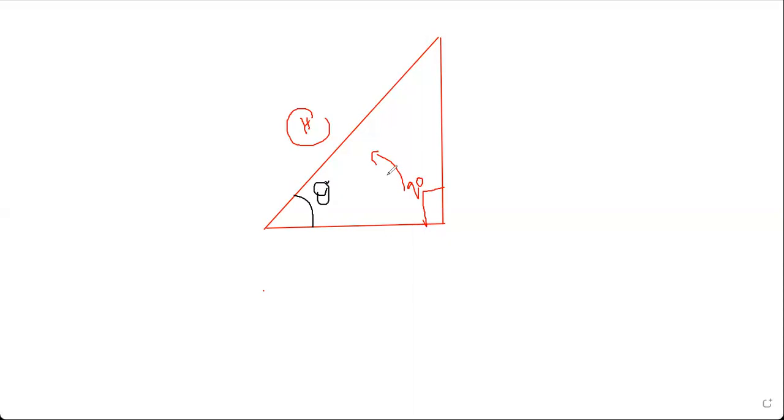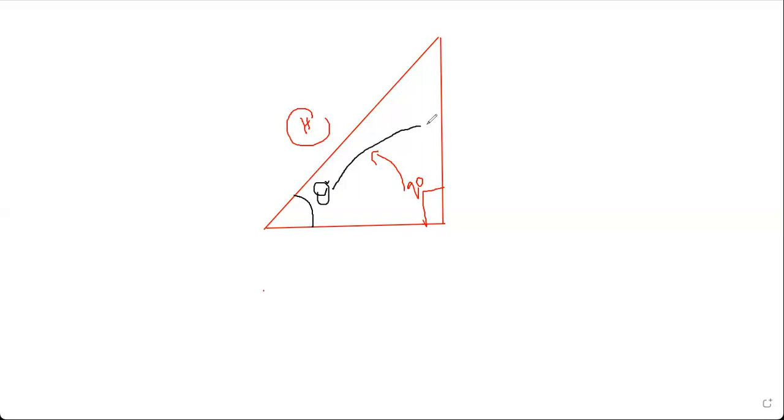Definitely, there will not be any other 90-degree angle in the triangle, because the sum of all the angles of a triangle is 180. If there is one 90-degree angle, there will not be any other, so the other angle will be smaller than 90. Opposite to the 90-degree angle, we have the hypotenuse.